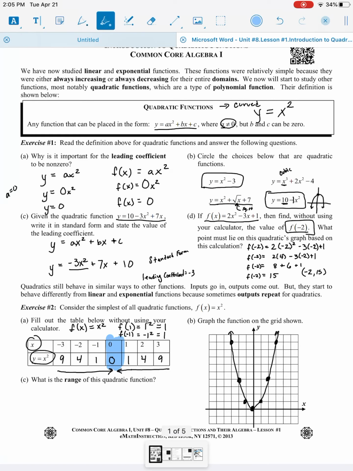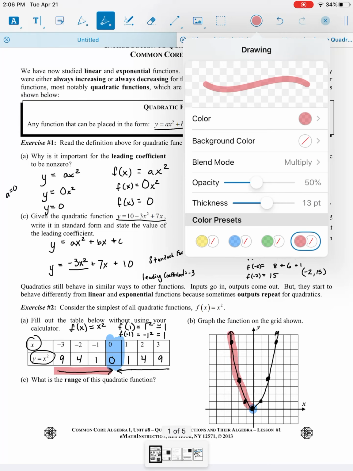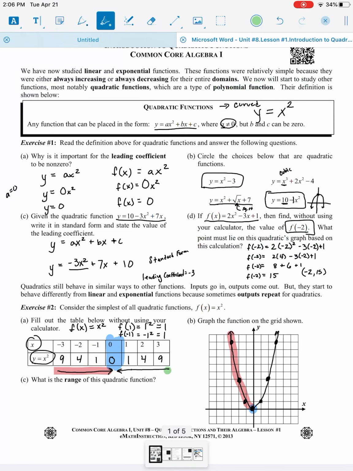And you see my minimum. 0, 0 is right there. And if we look at this, I'm going to label this decrease in red and this increase in green.